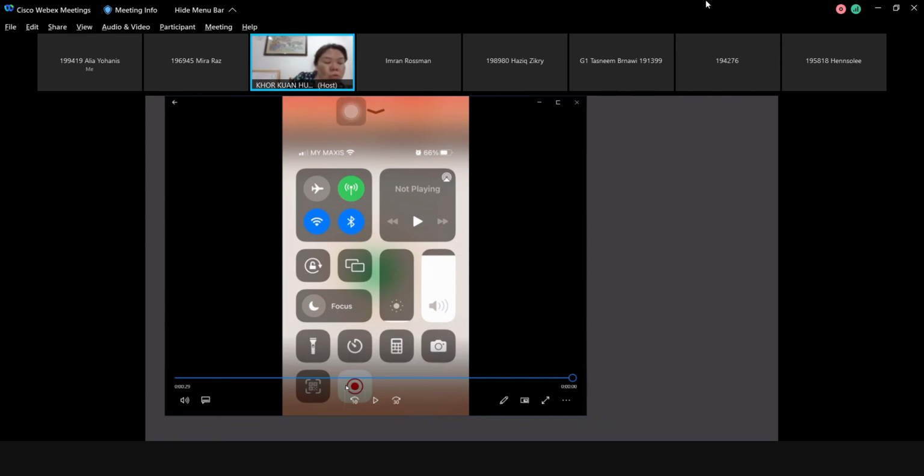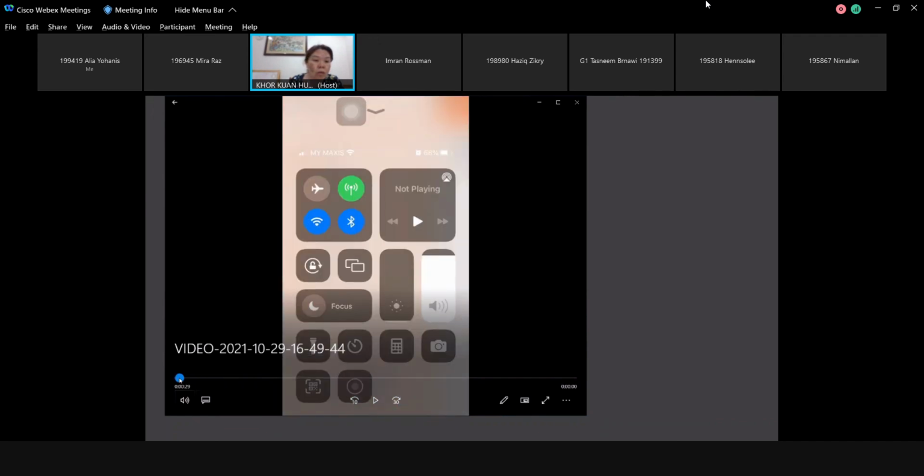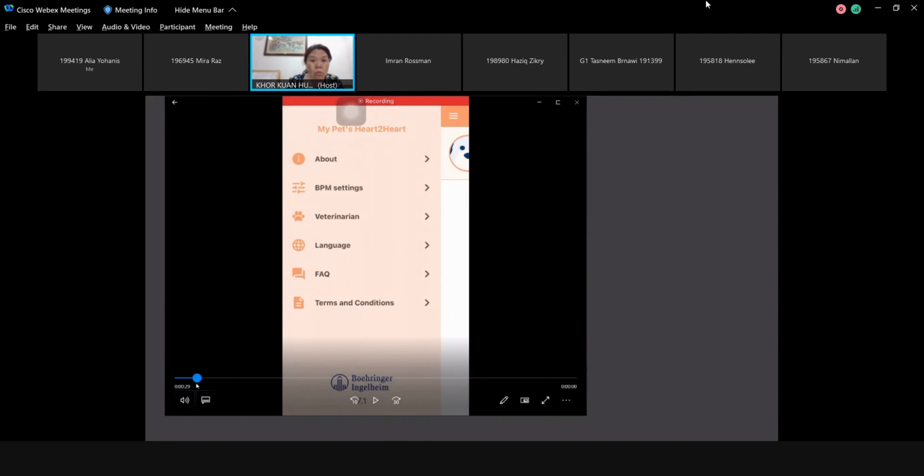In case you don't know how to calculate breathing rates very well, and you cannot coordinate your eye to your watch and to the dog's breathing rate, this app will be very useful. It is available for Android or iOS users. It's called My Pet Heart to Heart.